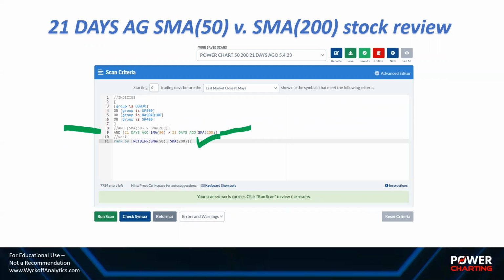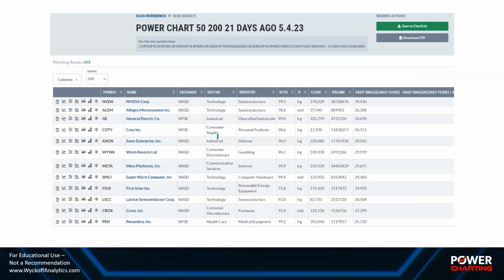So in the first instance, we had 503 current stocks, and 21 days ago, we had 603. So probably a 15, 18% difference. 21 days ago, more stocks had the 50 above the 200.